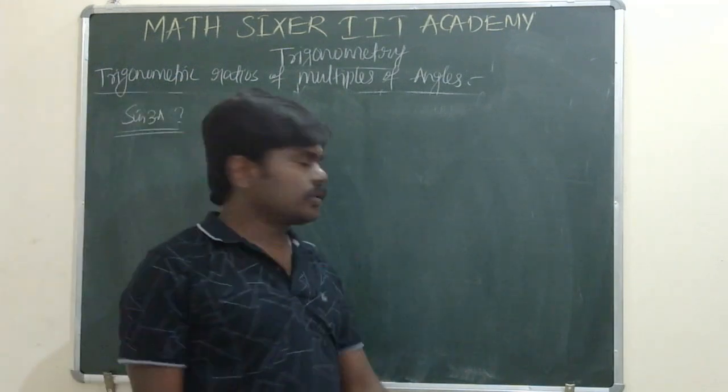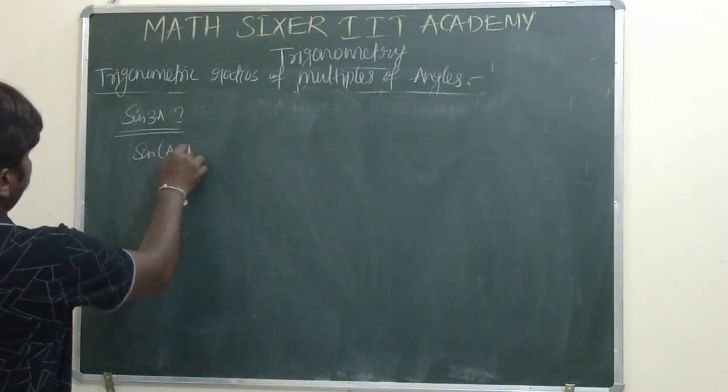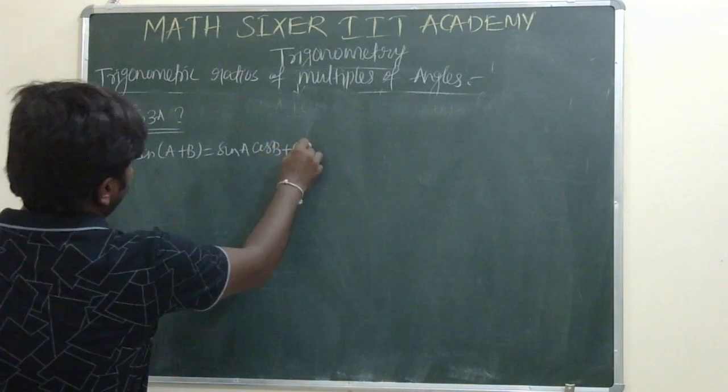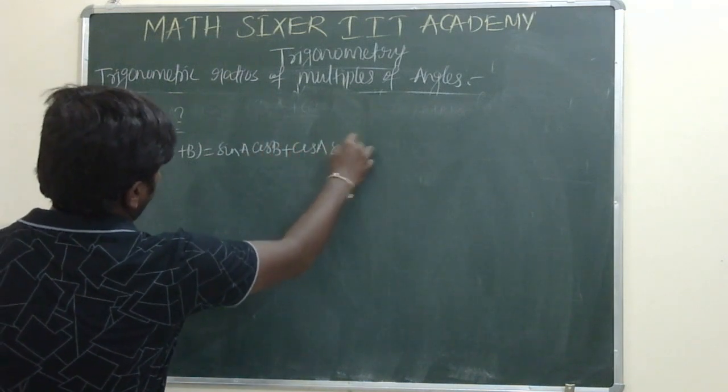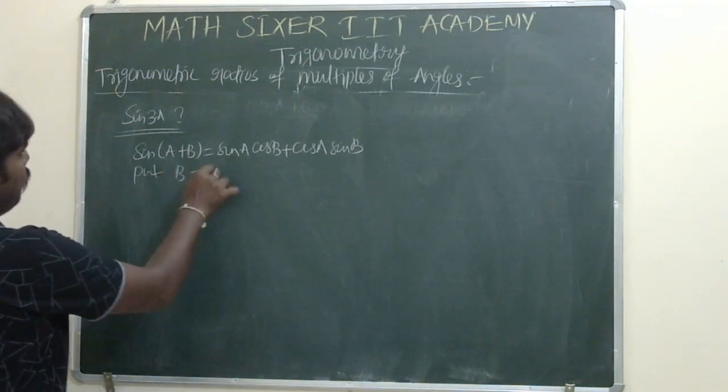Sine 3a: sine a plus b is equal to sine a cos b plus cos a sine b. Now I am putting b equal to 2a.